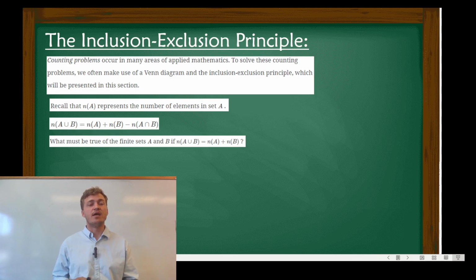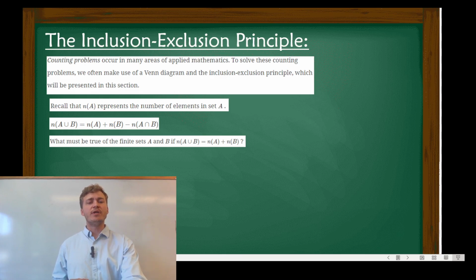In this case here, the number of elements for A added to the number of elements for B minus the number of elements that are found in both A and B. What must be true of the finite sets A and B if the number of elements from A or B is equal to the number of elements of A plus the number of elements for B?